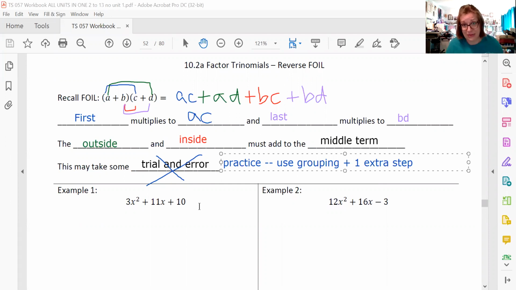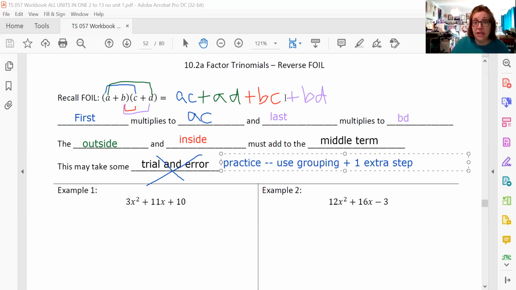It's never made sense to me. And I was actually told about this way to solve reverse FOIL problems, trinomials, by a student probably a year ago. And it has changed my life because grouping, I really like the grouping. And I think that you will like it too.